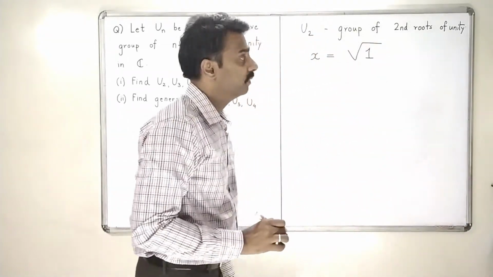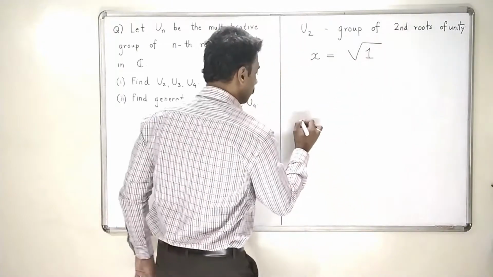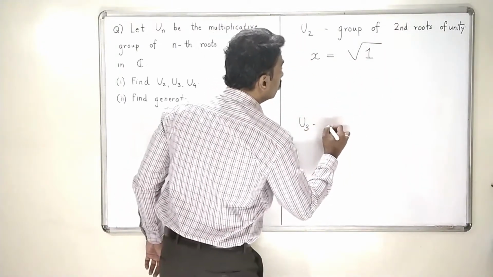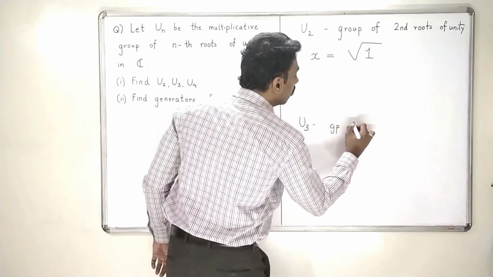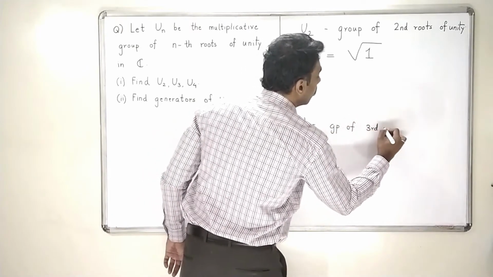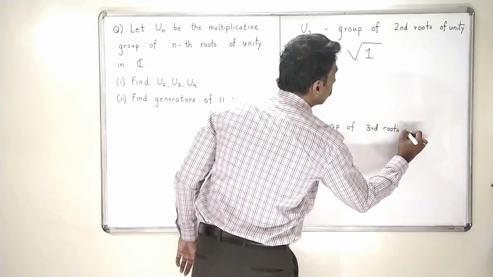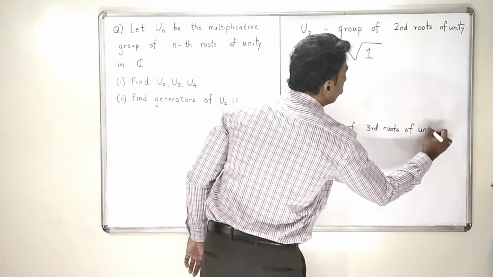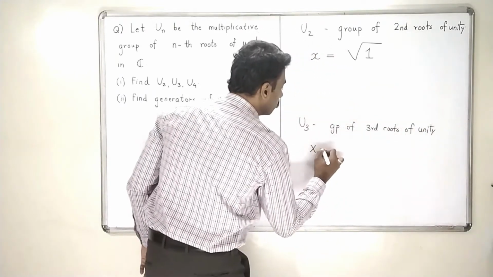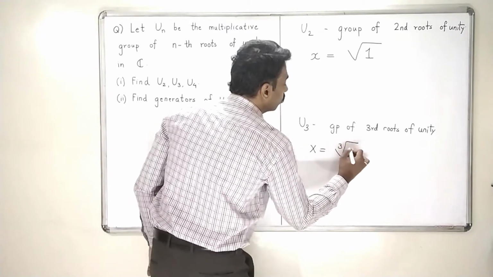Unity is 1. When I say the third root, which is U3, is a group of third roots of unity, means I am going to take cube root of 1. Means all such people which are cube root of 1.